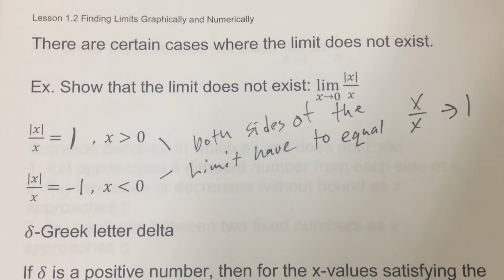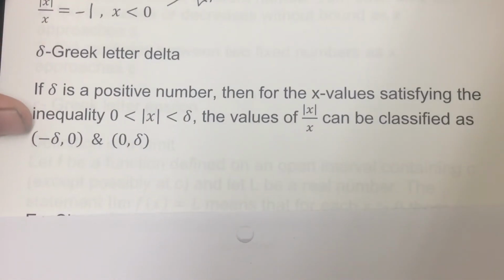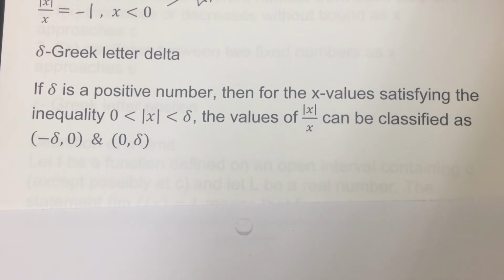What this is really saying is that delta is how far off of our x we can be and still find the limit. How close do we need to be to the x value we're approaching before we get a number small enough that we can say, you know what, this has to be the limit? We're getting closer and closer to our y value.